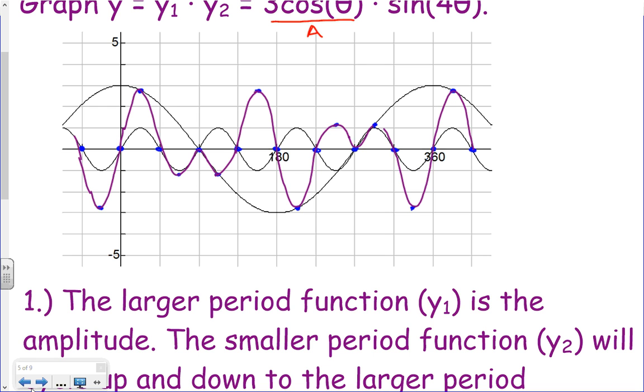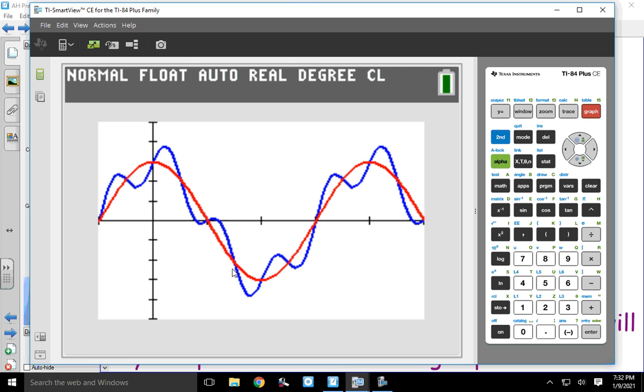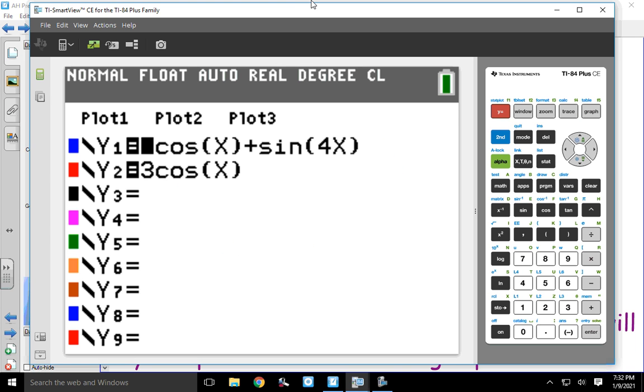So let's grab our calculator and see what we end up with, see how close that is. So let's go to our y equals menu, and let's change this to a product. So we'll multiply those two together. And I'm going to go ahead and sketch the upper and lower bound for this. So I'm going to sketch the 3 cosine of x, and I'm also going to sketch the opposite of that.